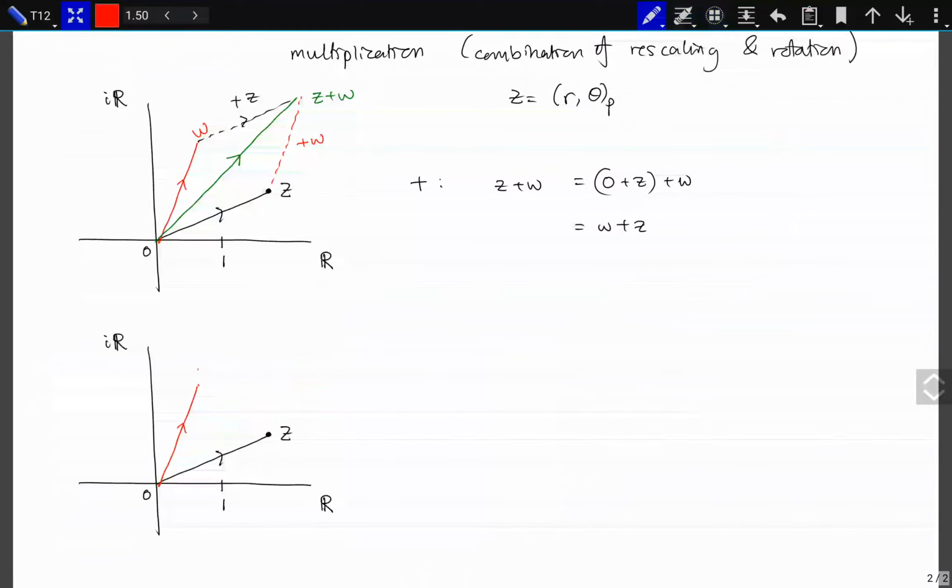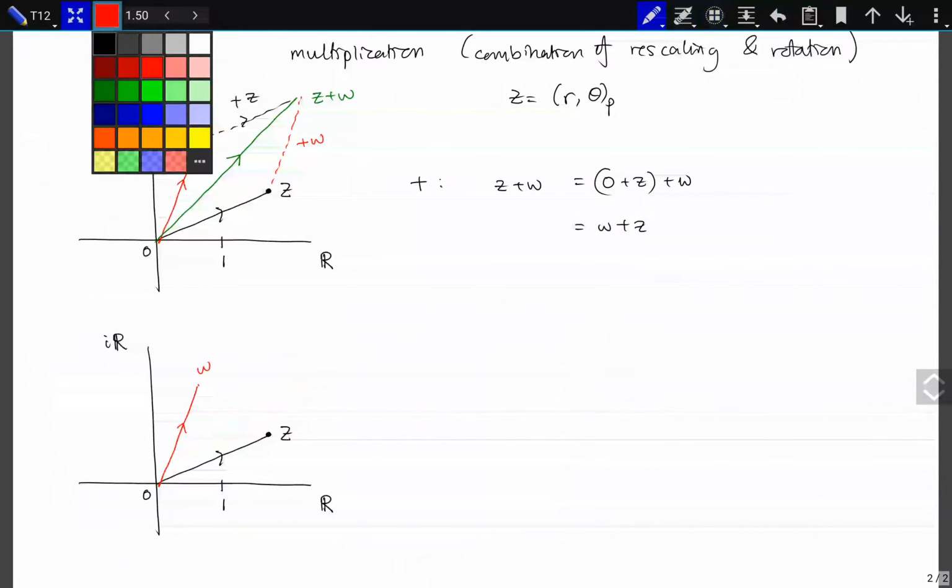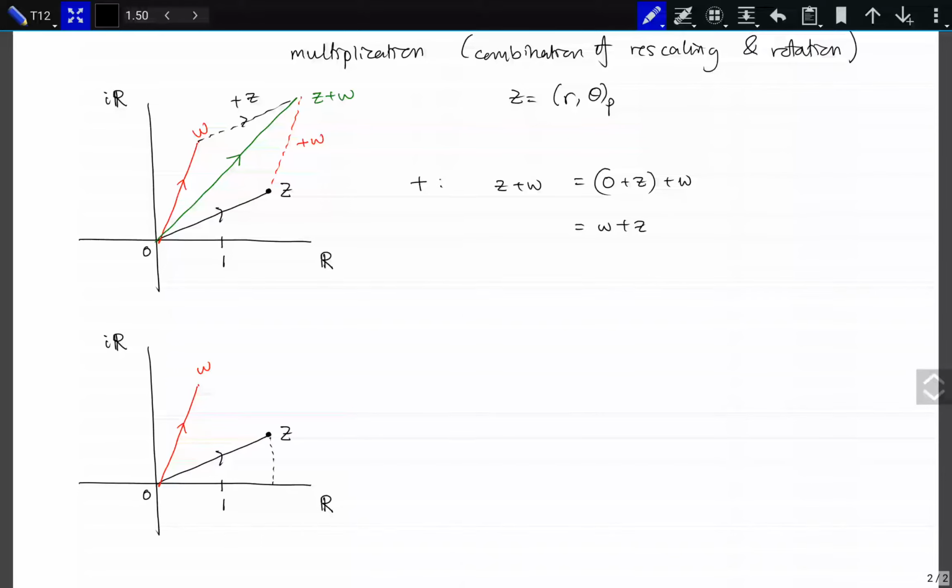Okay, so we have z and w. z with size r and angle theta. And so what is multiplication of w by z? Let's call it wz.